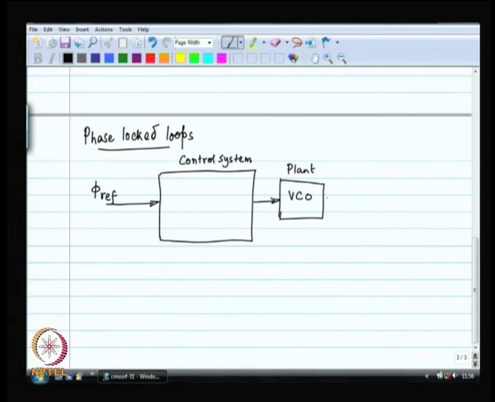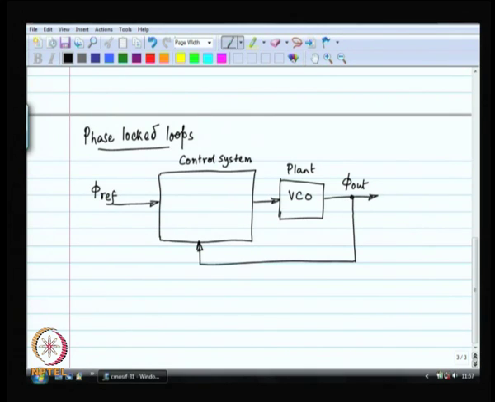Okay. And the phase of the VCO, the output of the VCO is an oscillation, the phase of that oscillation should mimic the reference phase. So, I need a feedback system. Okay. So, the control system is going to compare the reference phase with the phase of the VCO and it is going to control the plant, the VCO, right.